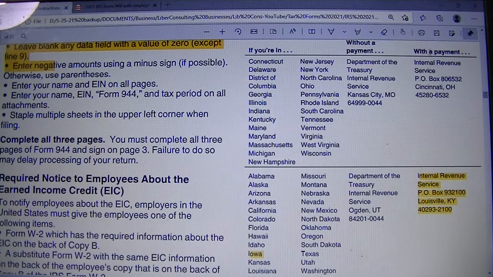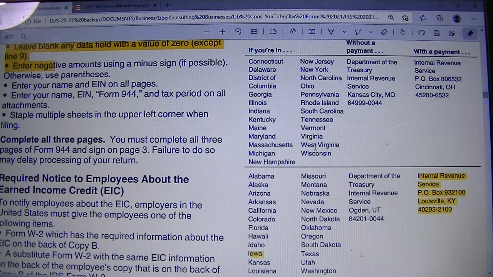We are going to use with payments, and the address that corresponds to Iowa is Internal Revenue Service, P.O. Box 932100, Louisville, Kentucky, zip code 40293-2100. So that's what we will put on the envelope, and everything else will go in it.